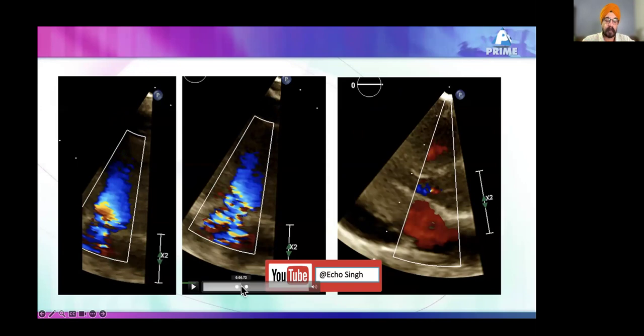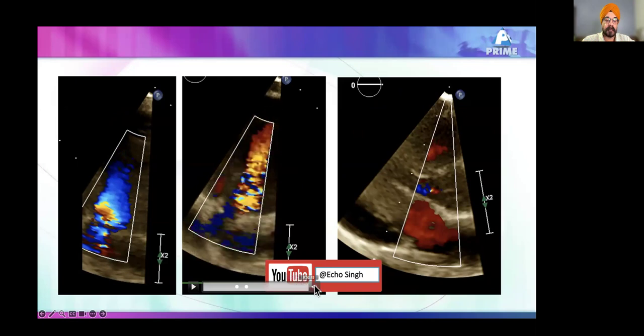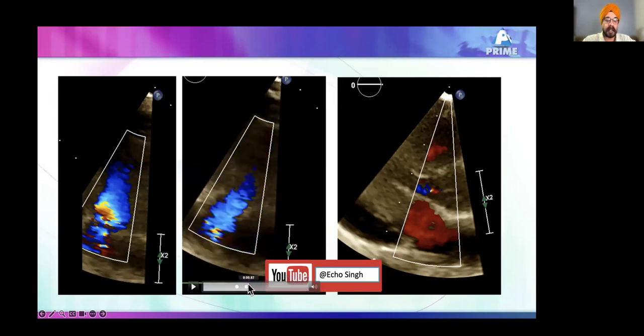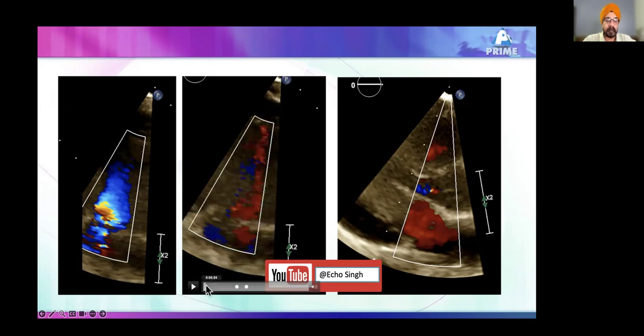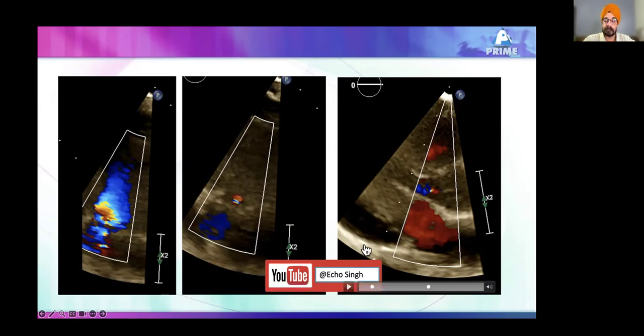You see this subaortic membrane, and then you see on further pursuit that the regurgitation is happening at a little higher level. Let me search it for you and show you. Yeah, this is where the regurgitation is happening, and while the stenosis is happening somewhere here.